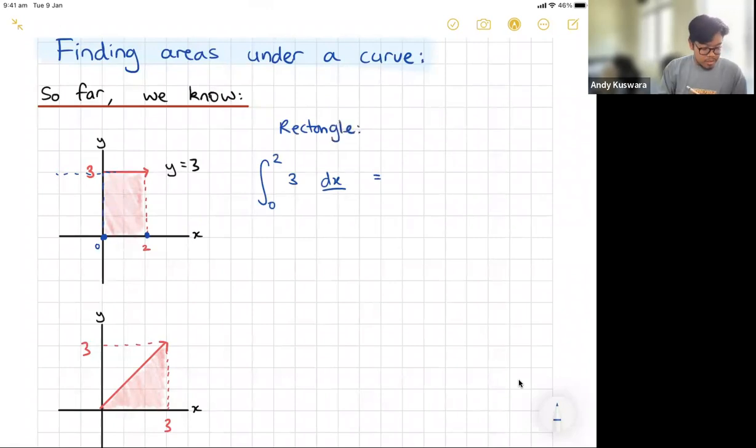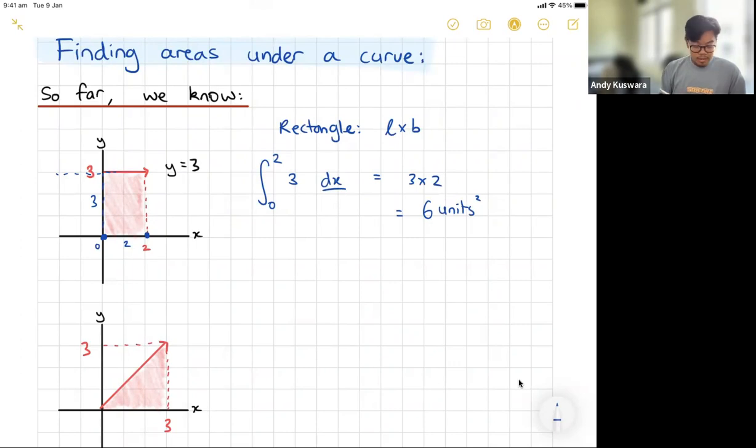A rectangle is just length times breadth. In this case, my length is going to be 3, breadth is going to be 2. So it's just going to be 3 times 2, which is 6 units squared. The reason that we are answering in units squared is because we are talking about an area.